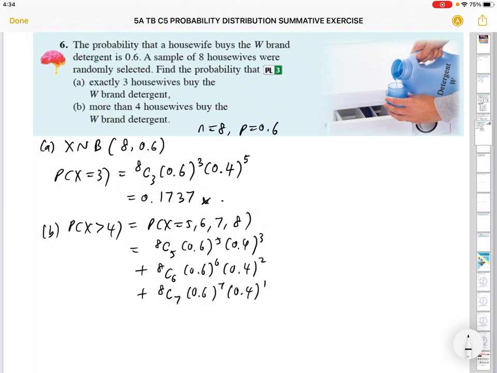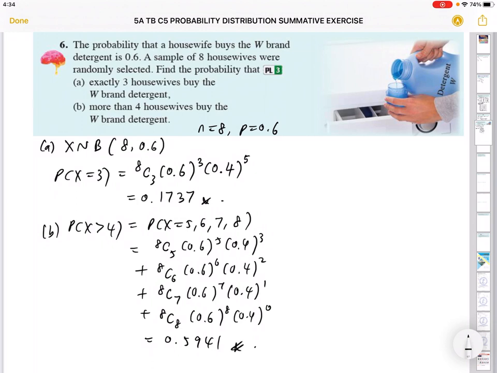Lastly, 8C8, 0.6 power 8, 0.4 power 0. Now if you have the 570, the class width calculator, the black calculator, you can actually calculate this directly. But that will be another video. Yeah, so I can't show you here. So this is 0.5941. Okay, can?